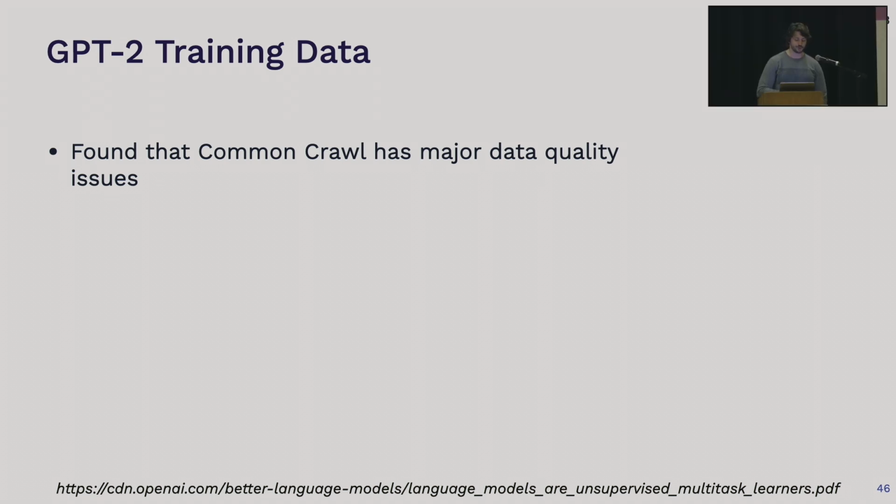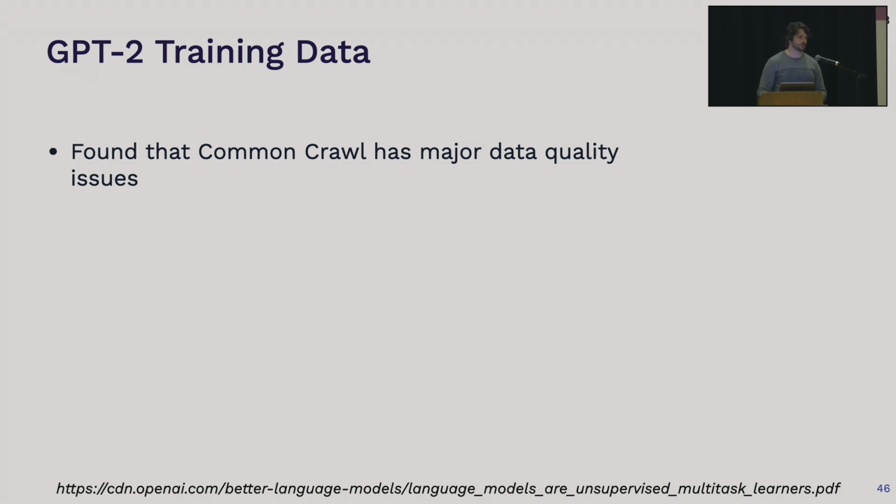The authors of the GPT-2 paper found that if you just take all of the data from the internet, which you can find in a data set called Common Crawl, an open source data set with a web crawler that pulls data from all websites, this data has massive data quality issues.